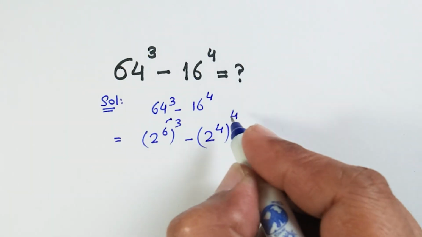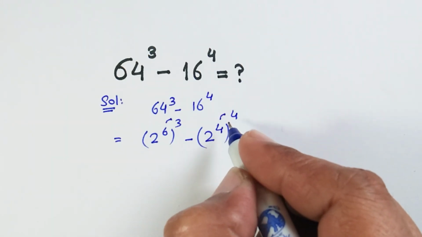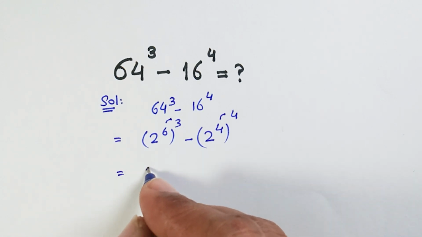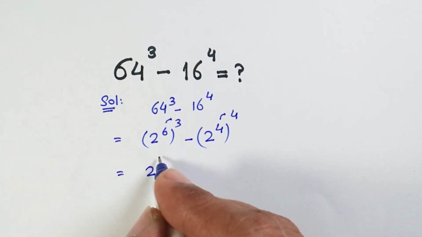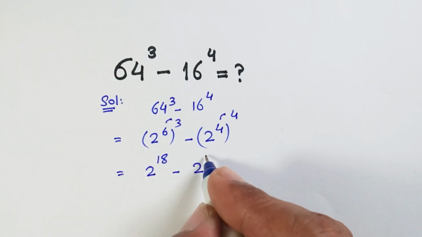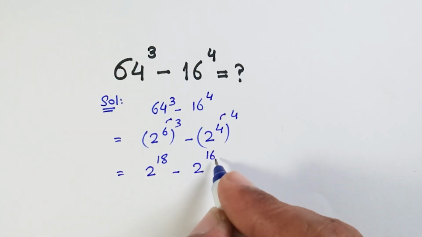So now we will multiply these exponents with each other. So it will become 2 to the power 18 minus 2 to the power 16.